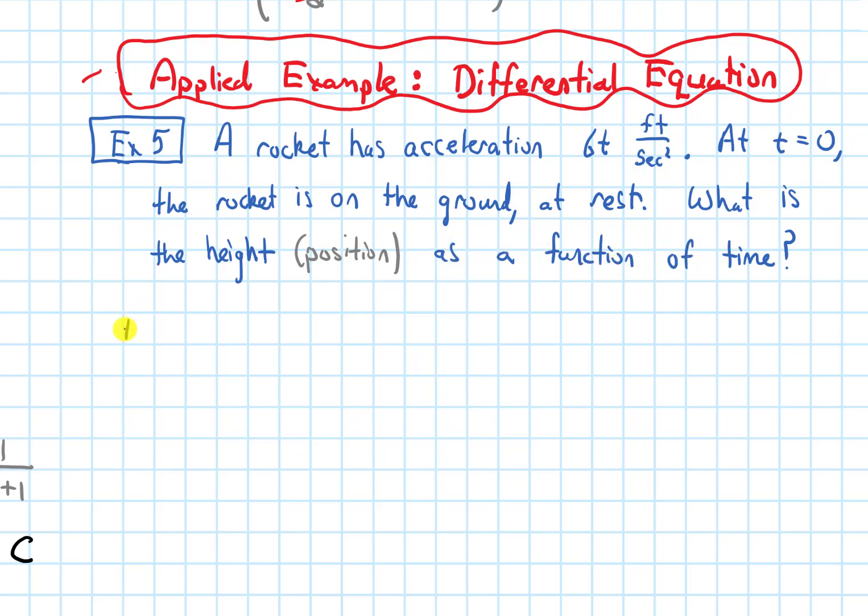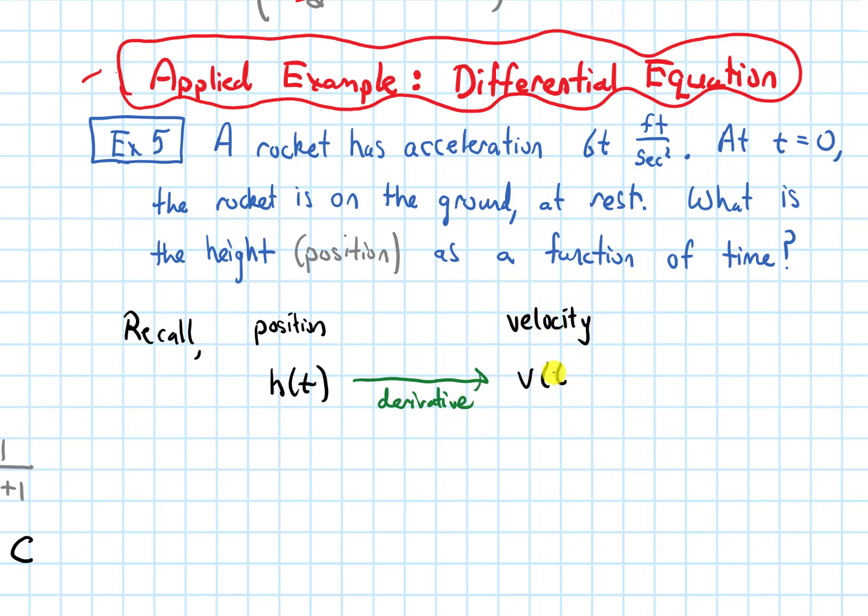So to get this started, I want to recall that when we talk about a particle moving, or an object like a rocket, its position, in this case that's the height, that's h of t. If we take the derivative of position, we get velocity, which is v of t.